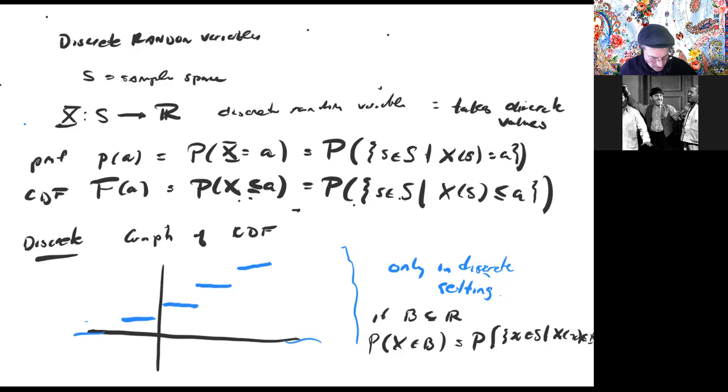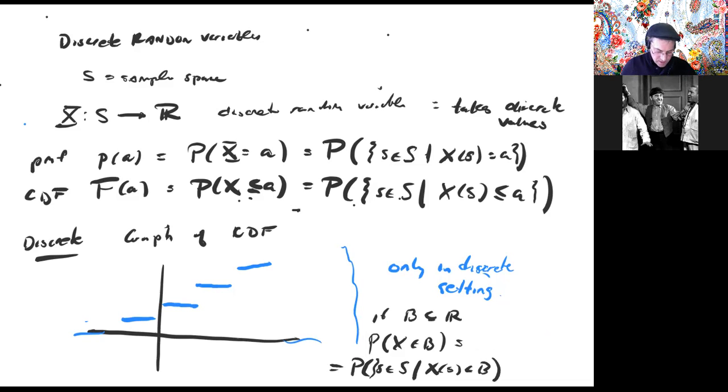Oh, that's really bad handwriting. So let me reproduce that. Let's say it's the probability of all s in S such that X of s lies in B. And we know what this is given by.